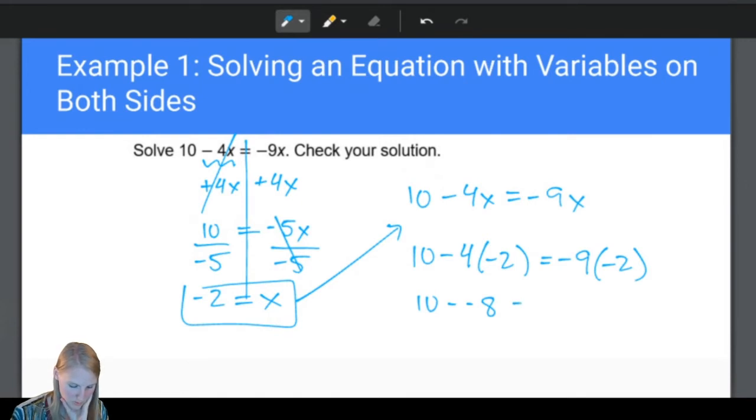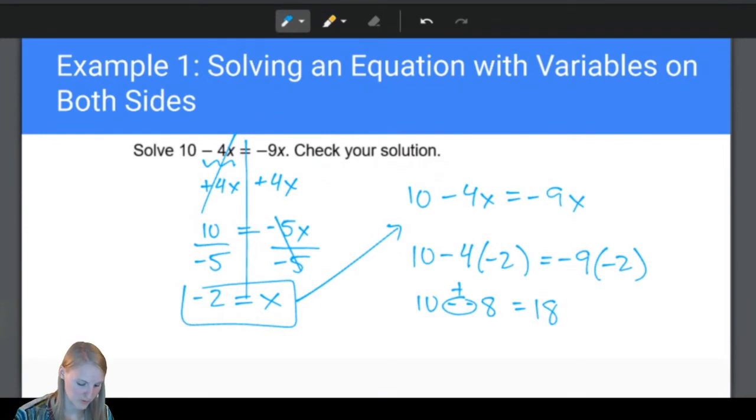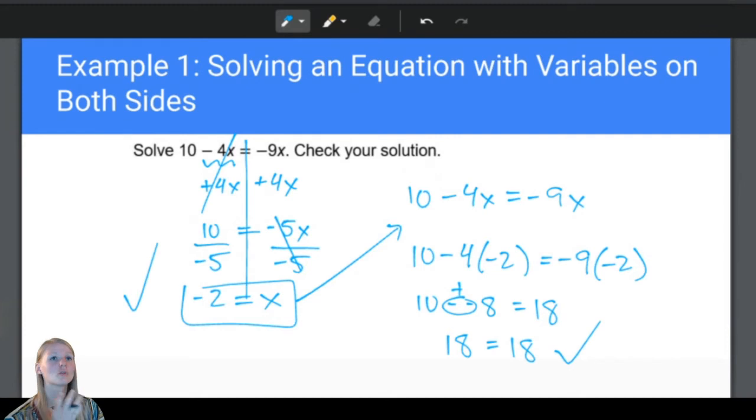And that is equal to negative 9 times negative 2, which is positive 18. Remember, minus a negative, they come together and become happy. Minus a negative is positive. So 10 plus 8 is 18. And does 18 equal 18? It most certainly does. So x equals negative 2 is indeed correct.